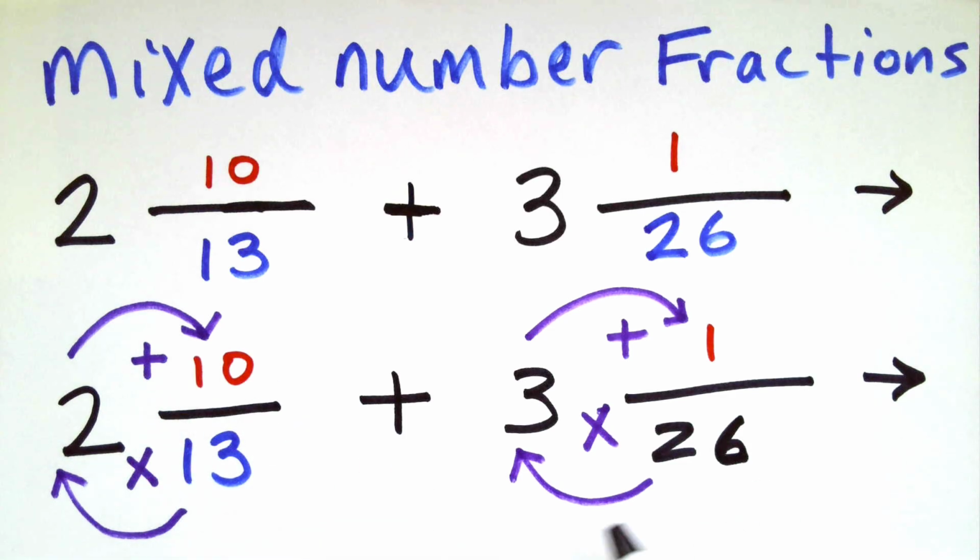Plus 26 times 3. You want to take that product of 78 and add one more. That would give you 79. Let's check that out.